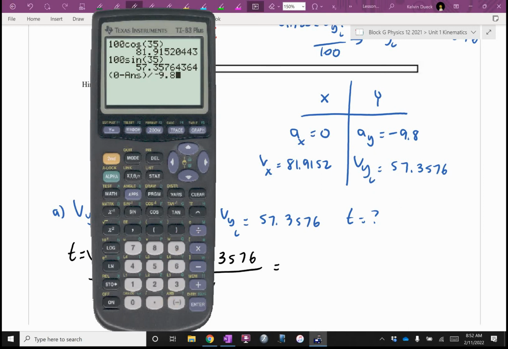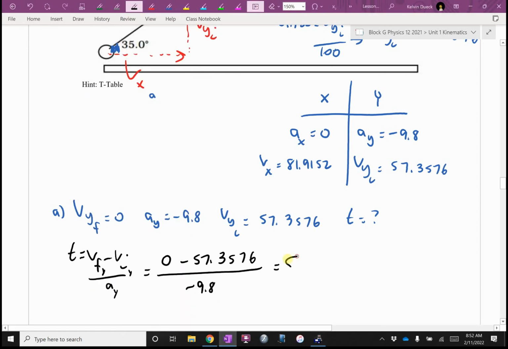If you don't use your answer button, you might be off by a couple of decimals, but I get 5.85282. And now I'll give my final answer to 3 sig figs, 5.85 seconds. I'll even draw a box around it just to say that's the answer.